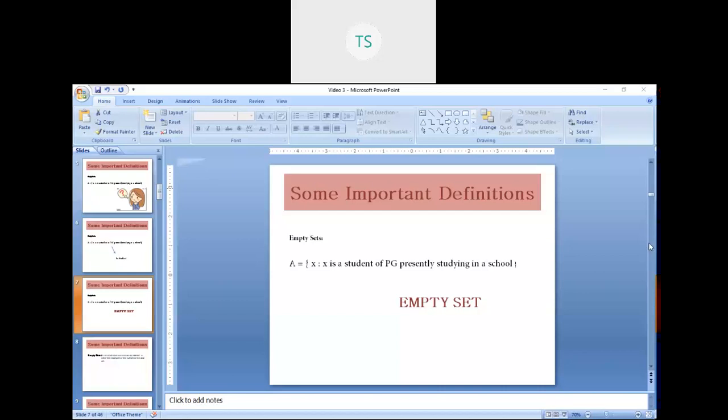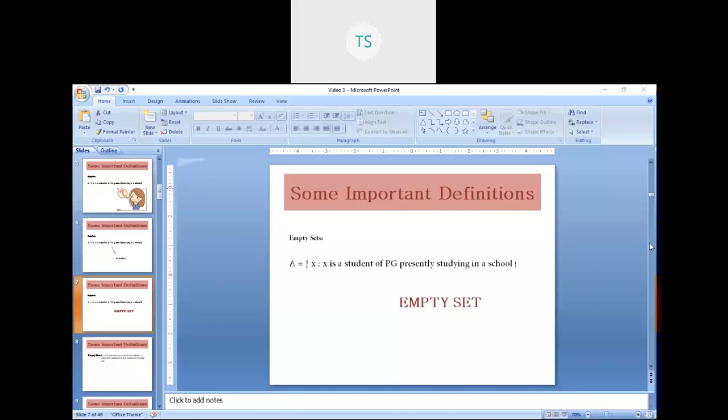So you can say, a boy studying in a girls' school. Do you get any boy in a girls' school? Will you get any student? No, so that means it is an empty set.